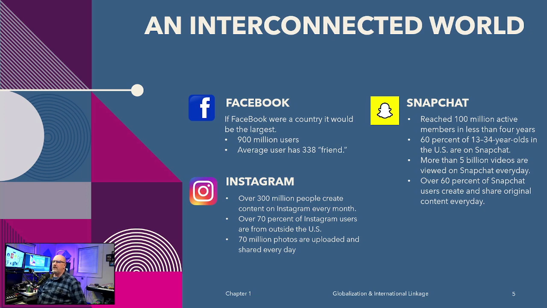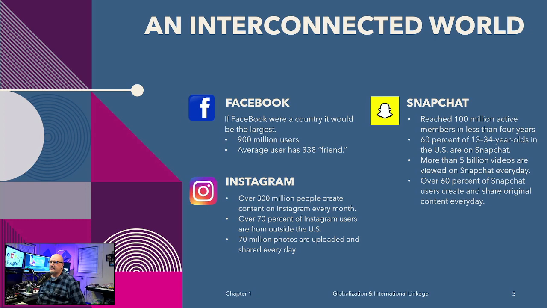Instagram, over 3 million people create content on Instagram every month, and 70 million photos are uploaded and shared every single day. Snapchat reached 100 million active members in less than 4 years. 60% of the 13 to 34-year-olds in the U.S. are on Snapchat.